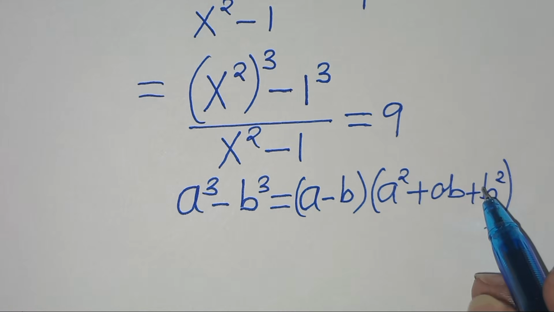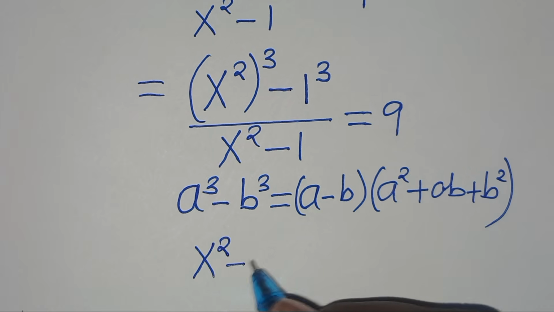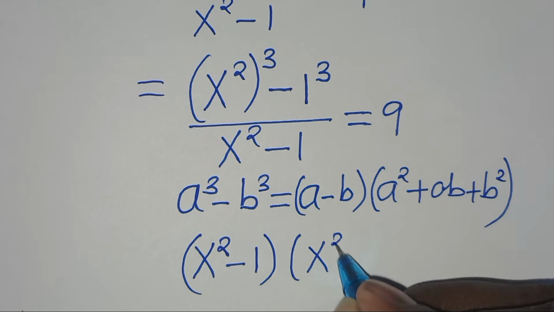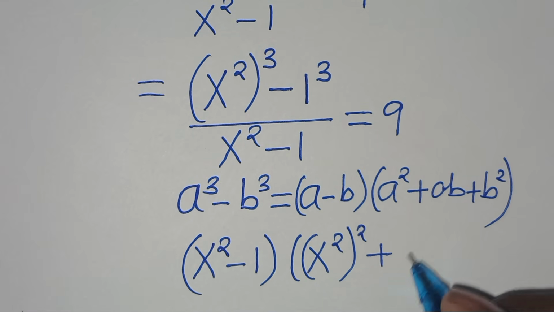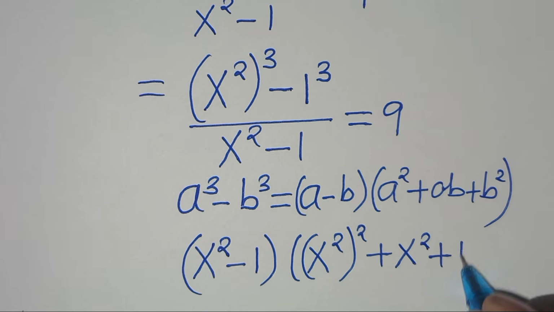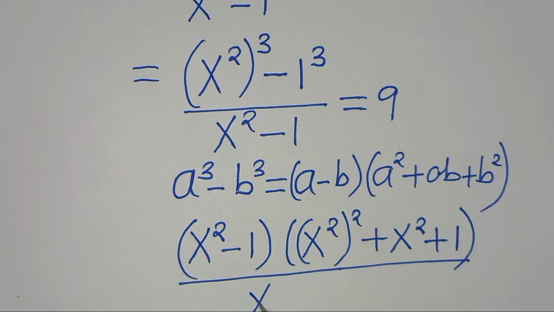Applying this identity, then we have x to the power of 2, subtract 1, then we have x to the power of 2 raised to the power of 2, then plus x to the power of 2, then plus 1 squared, which is 1, divided by x squared minus 1.